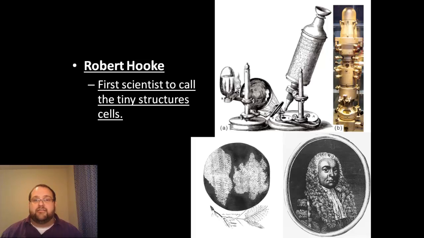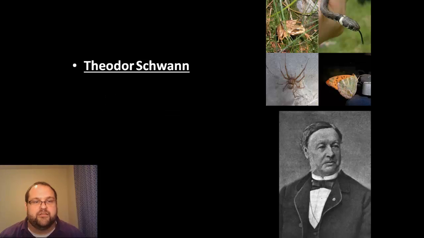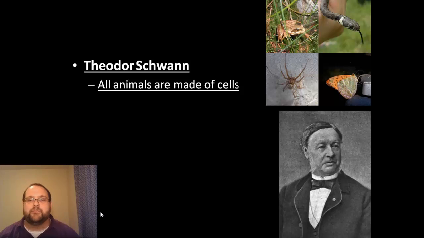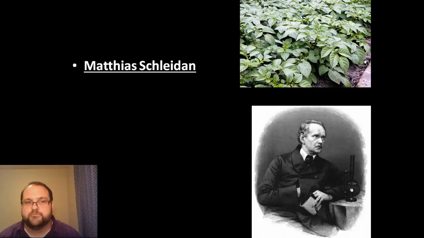Now, a couple of other scientists that are important to us as biologists. Theodore Schwann looked at animal cells primarily. He came up with the important idea that no matter what animal he observed, they are all made of cells. So every animal is made of cells. That was Schwann's big contribution.